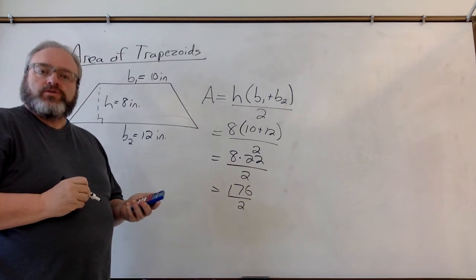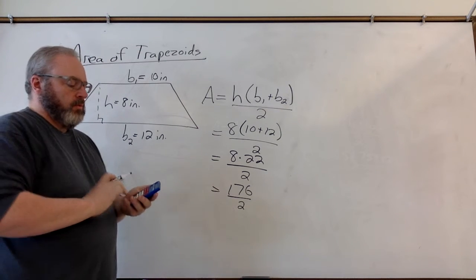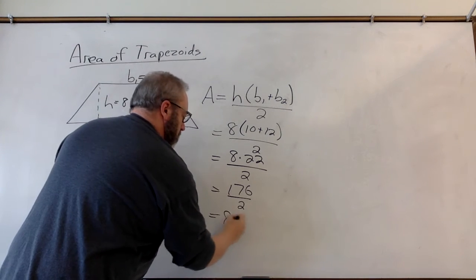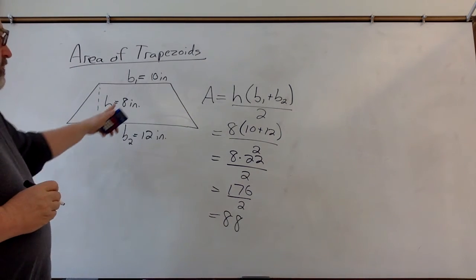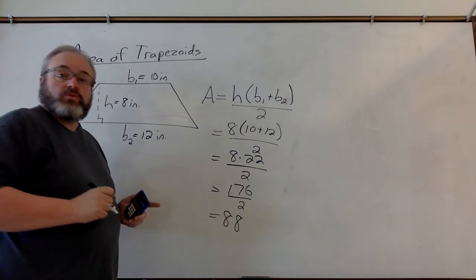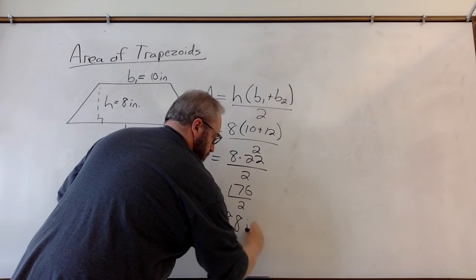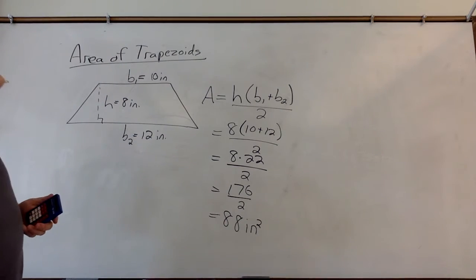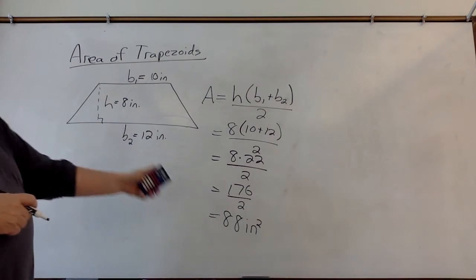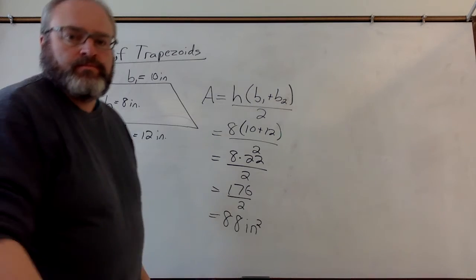Then we're going to divide by 2. We get 88, and since this is in inches, our area would be in square inches. So the area of this trapezoid is 88 square inches.